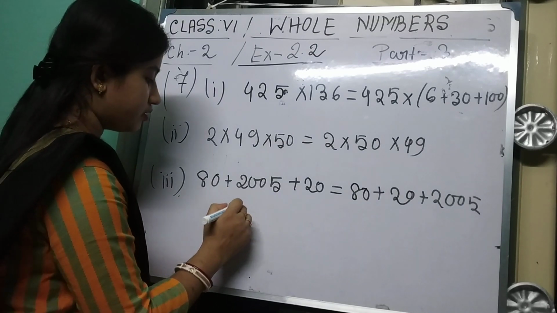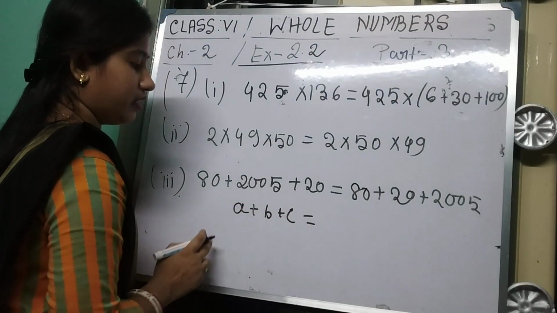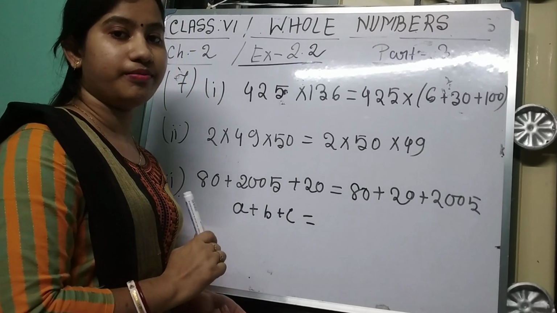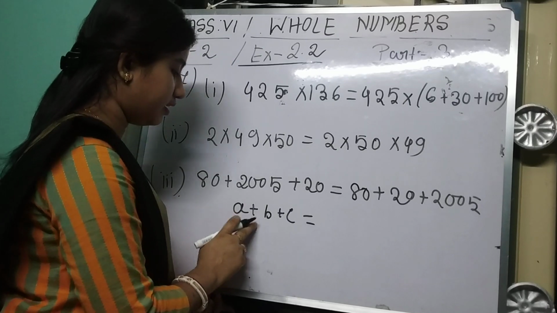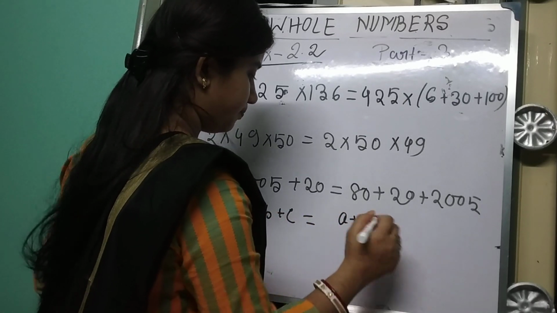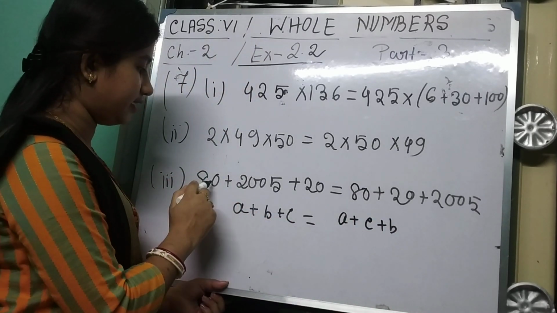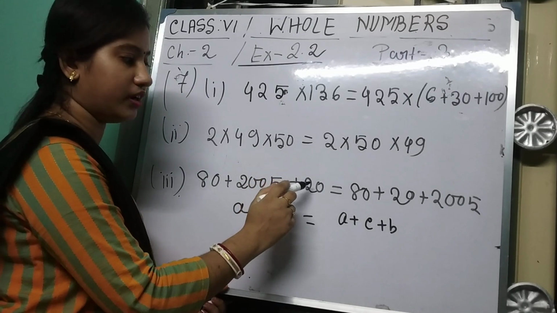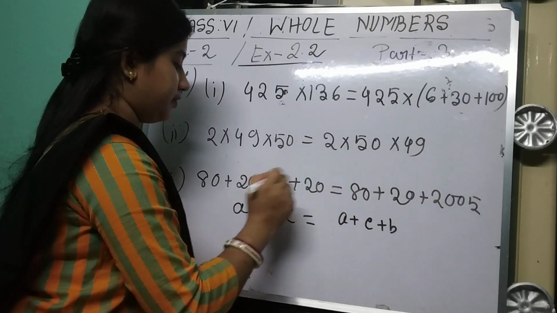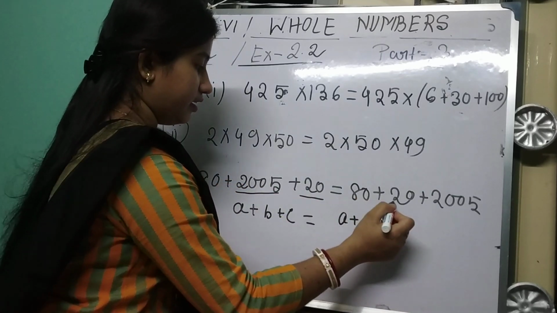Now, first suppose given A plus B plus C. We know that addition follows the commutative property. So we write this as A plus C plus B. That means here number 3 is 80 plus 2005 plus 20. This is equal to 80 plus 20 plus 2005. So this is the alternate order.